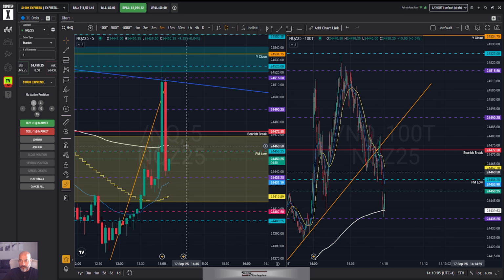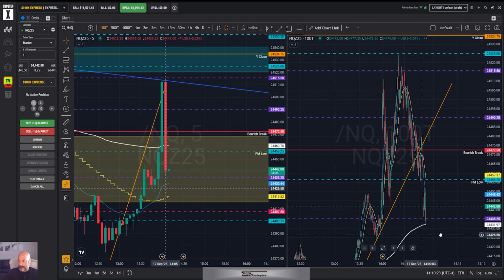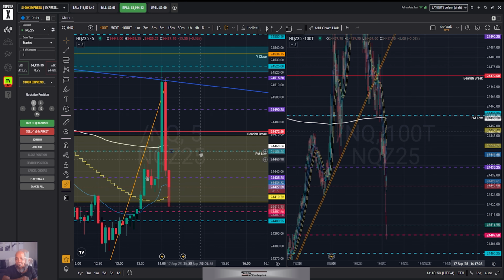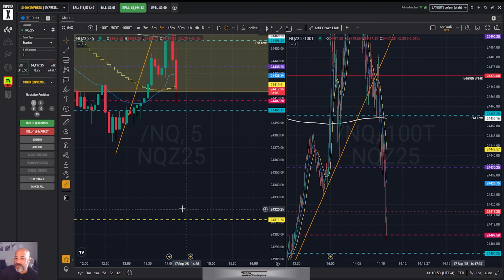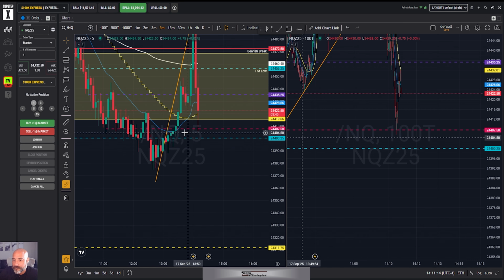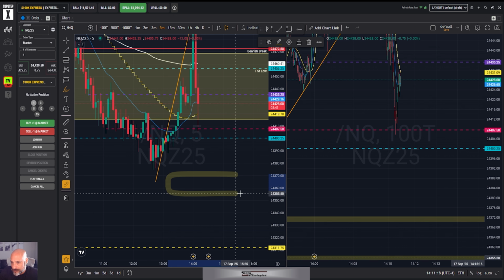Let's see if we pop up to the VWAP and we reject from the VWAP. We could bounce here at this 21 EMA. Tesla's dropping pretty big. Are we going all the way down to where I think we're gonna go? Are we gonna break stops down here? Right? We could break stops. We could bust stops in this area right here.